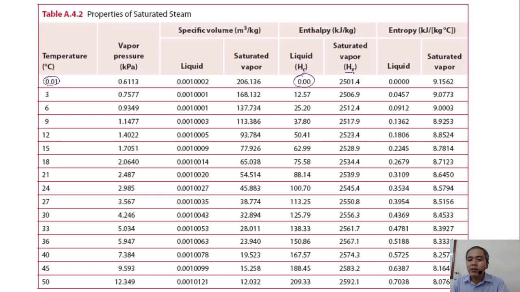HV is the enthalpy at saturated vapor, meaning it's already converted completely to vapor, at the point that I will show you later. And then from here to here will be HL, meaning the latent heat for evaporation. You use this, subtract this one, then you will obtain HL.